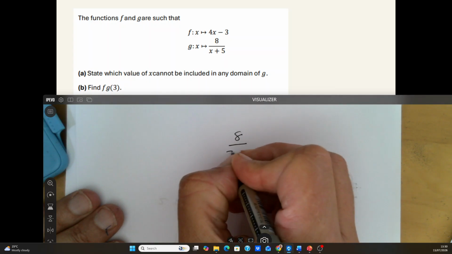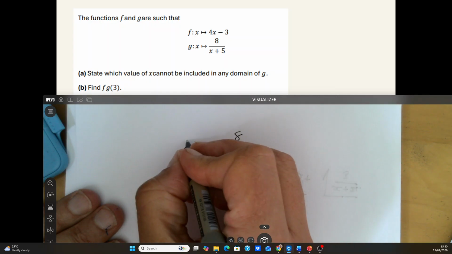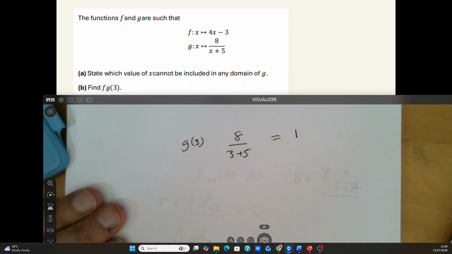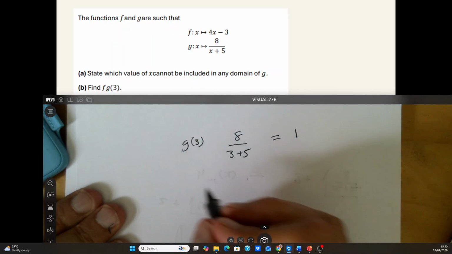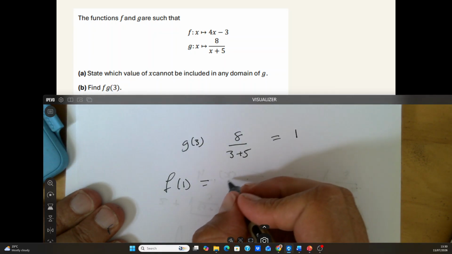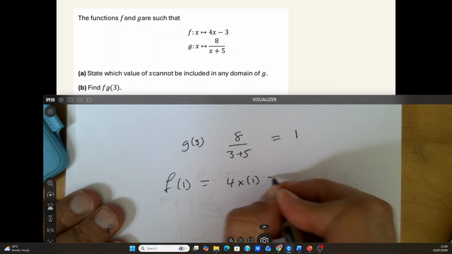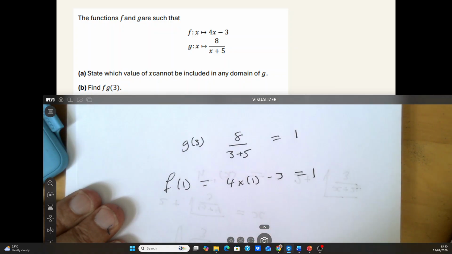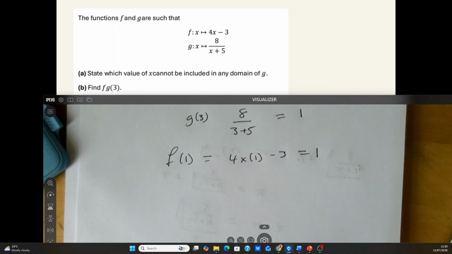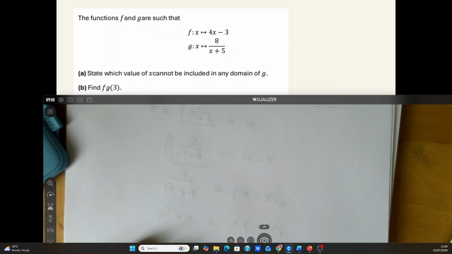So 8 divided by 3 plus 5, because that's g of 3. Well, that equals 1. Now you're going to work out f of 1, which is 4 times 1 minus 3, which gives me 1 as well. Right, done. Moving on to the question below.